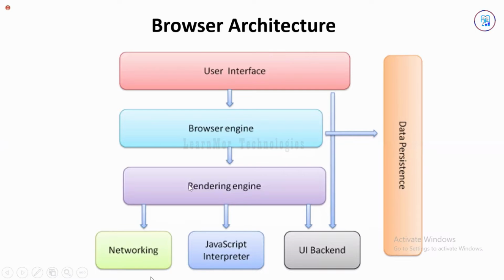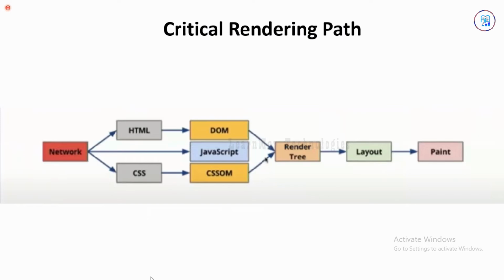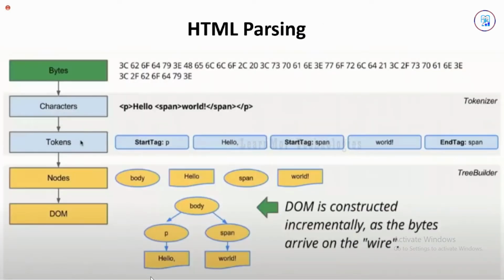These engines are responsible for processing whatever code you have written and converting it. Actually, this is the hierarchy in which it happens. I already explained in the introduction that the bytes will come, the bytes are converted into characters, and the characters are converted into tokens. These tokens are attached to nodes and form a DOM, the document object model.